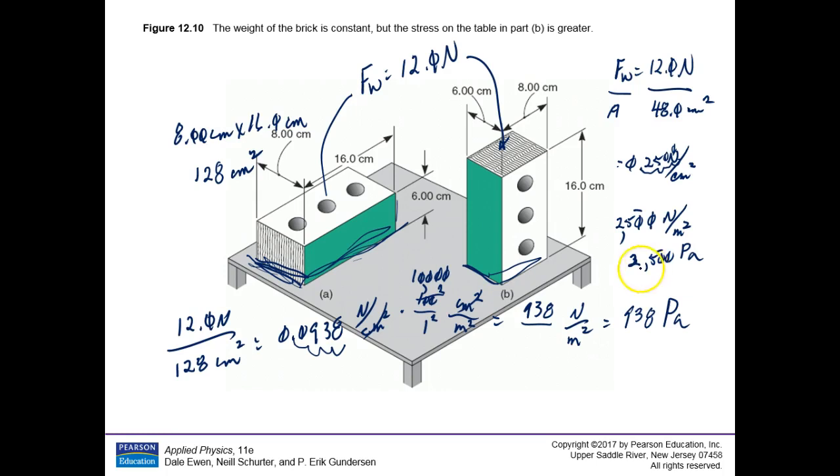So you could call this 2.50 kilopascals. And that 0, you don't have to put a bar over it anymore because you know that's significant. Okay. So you went from 938 pascals to 2,500 pascals just by turning it up on edge. There's a lot more pressure on the plate from the second block than there is on the first one.